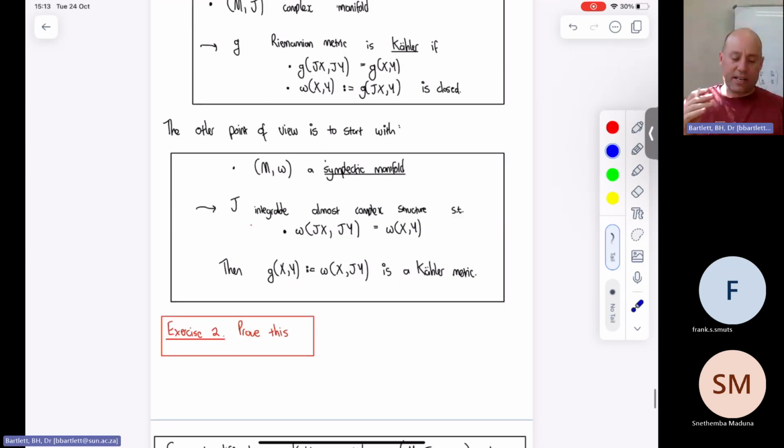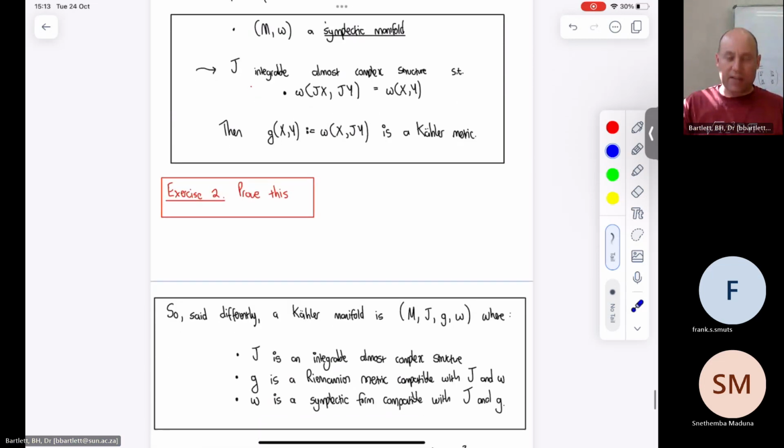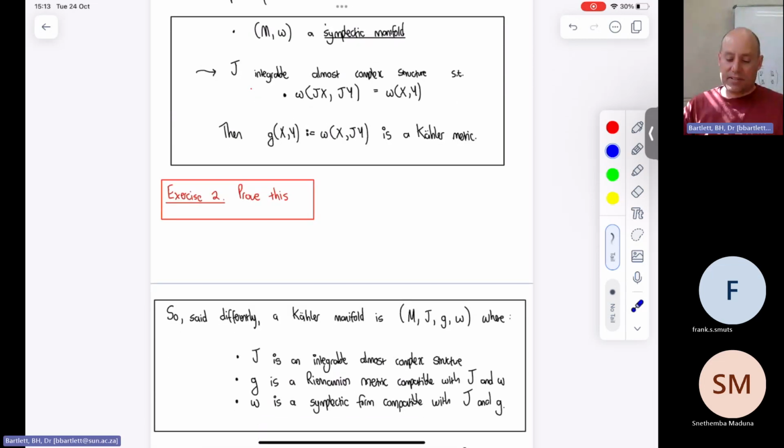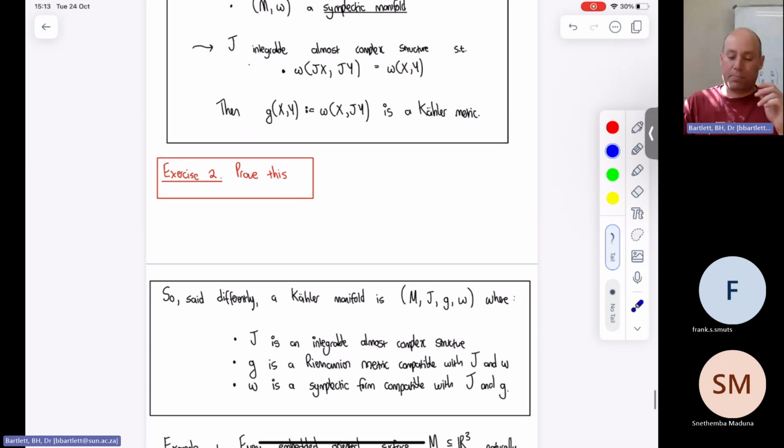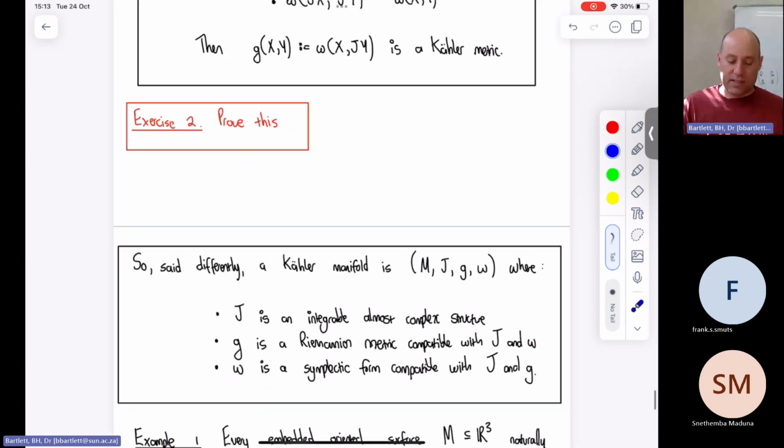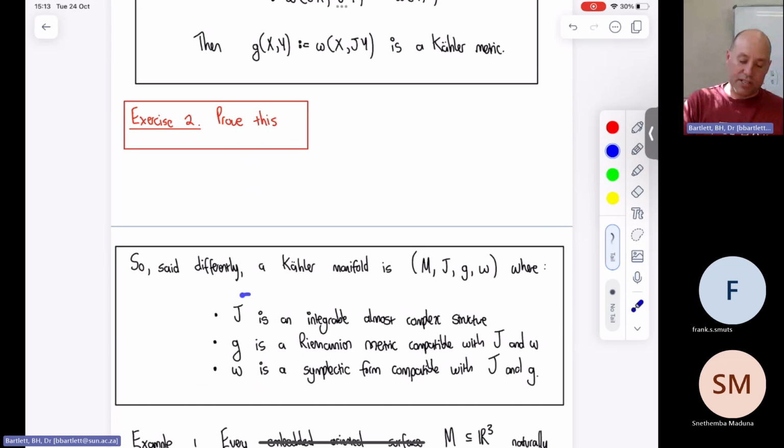So in summary, a Kähler manifold is really a 4-tuple consisting of an underlying smooth manifold M, an almost complex structure J on M, a Riemannian metric G on M, and a 2-form omega on M. And all this data is compatible with each other, in the sense that firstly, J has to be integrable, not just any old almost complex structure.